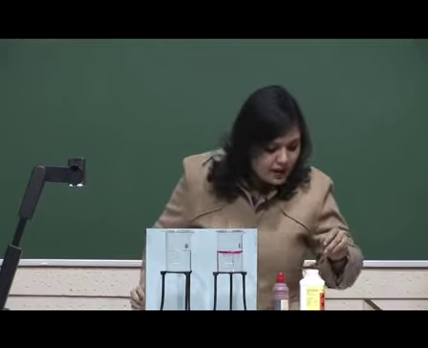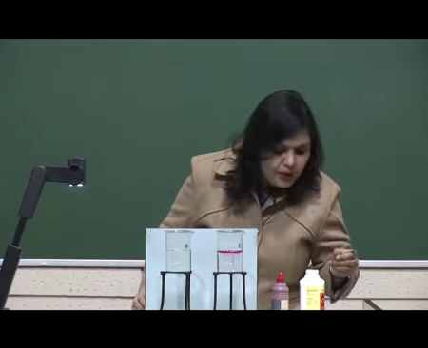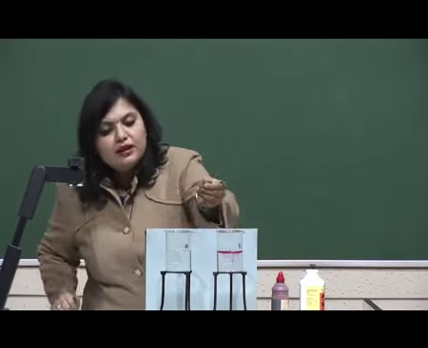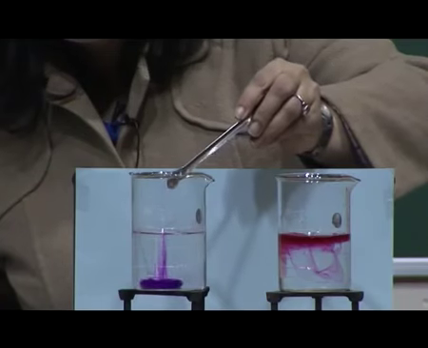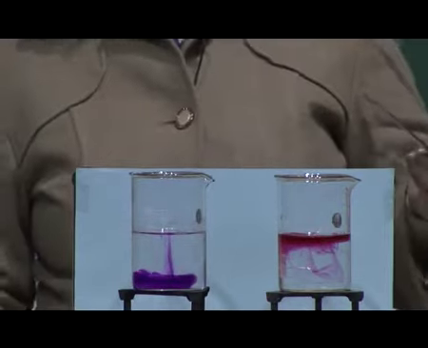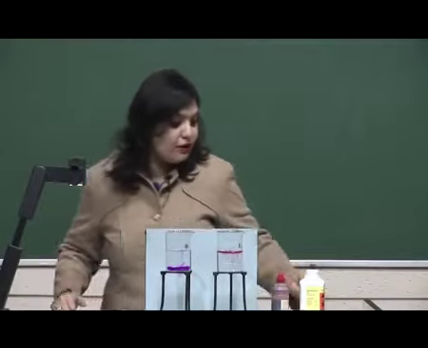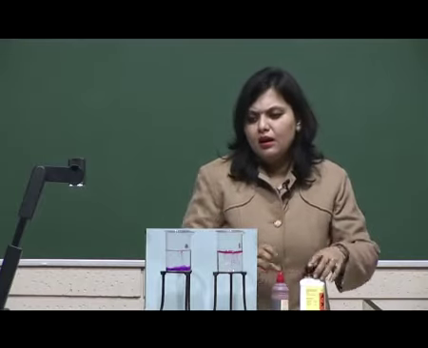Let us see. I am going to add just a little bit of potassium permanganate in this other beaker. Okay. So, there go the particles of the potassium permanganate. Oh, even the solids are not so still in this system, and we can see them moving around.